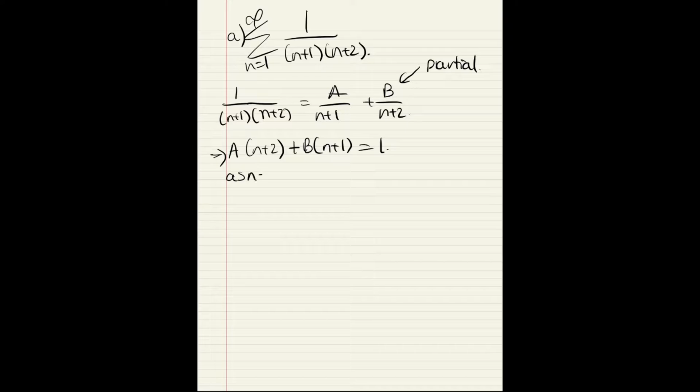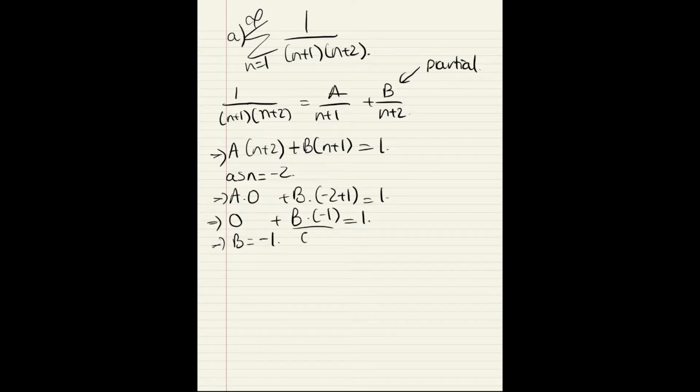When n equals minus 2, A times 0 plus B times (minus 2 plus 1) equals 1. So 0 plus B times minus 1 equals 1, so B equals minus 1, since you divide both sides by minus 1.